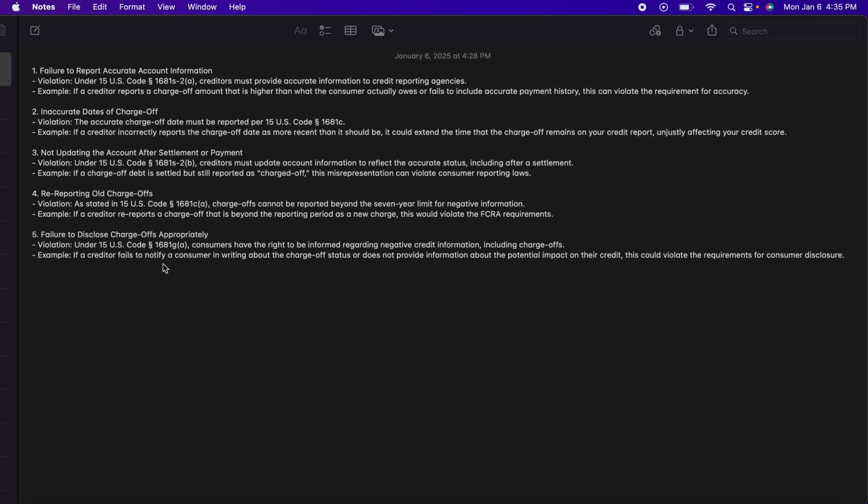Okay, has a creditor failed to notify you in writing about a charge off status? Like, they need to let you know about the charge off to begin with, just like a debt collector needs to let you know about a debt that they obtained and your rights regarding the debt. A creditor has to do the same thing under this code right here.